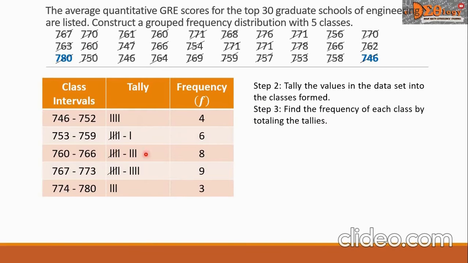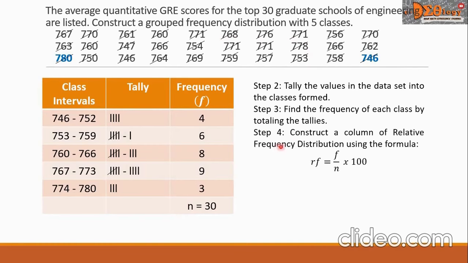For the third, fourth, and fifth class intervals, there are 8, 9, and 3, respectively. Next, we will take the total of the frequency, and this must be equal to 30. It means we did not miss anything in our raw data.